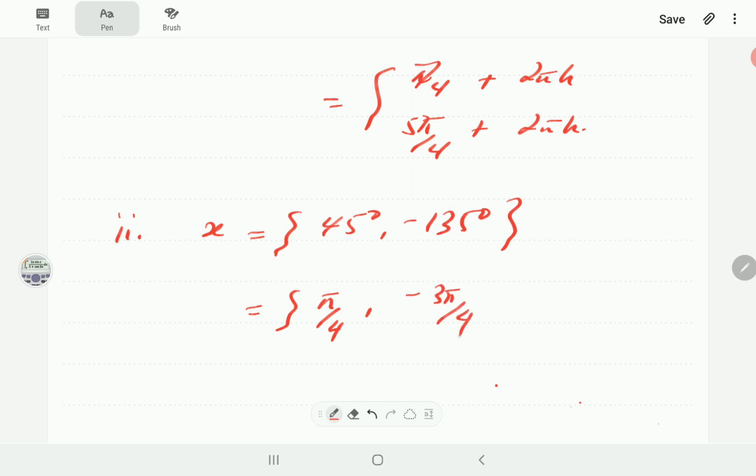In radians, negative 3 pi over 4. So that is part C.